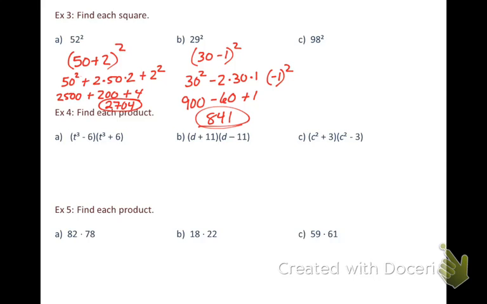So on this one, we're just going to do what's called the FL, and that's your first and last. So you're going to take your first, which would be t cubed times t cubed, which would be t to the 6. And then you always put a minus sign, never changes. And then you go your last, 6 times 6, 36. And that's all you have to do.